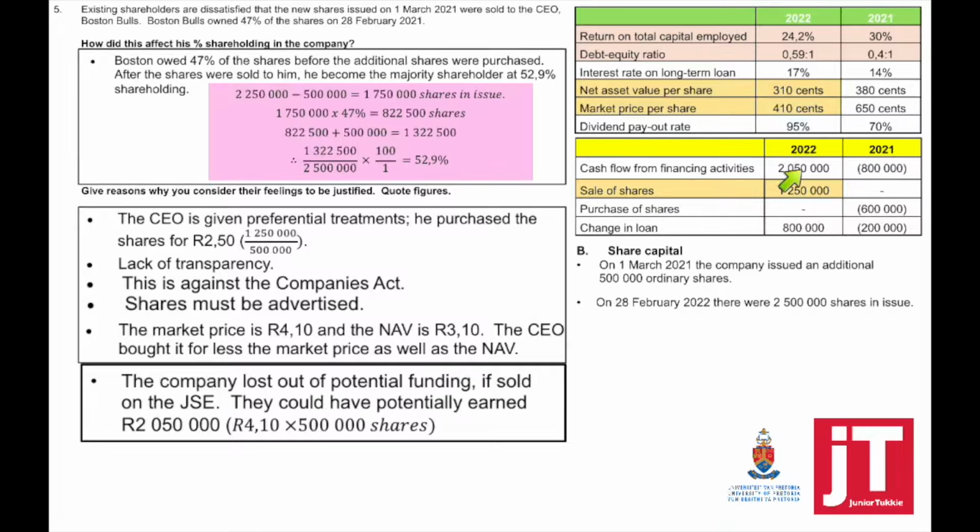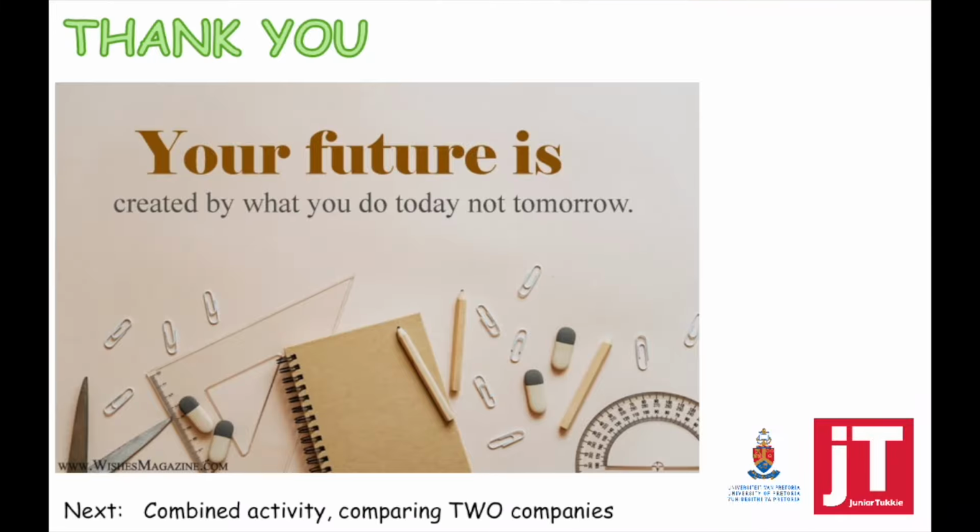If we take the market price and multiply it by 500,000 shares, our potential earnings could have been much higher. We could have gotten 2,050,000. Instead, we got 1,250,000.